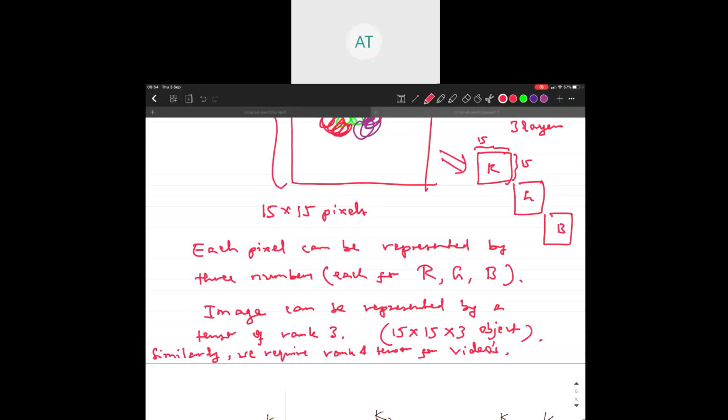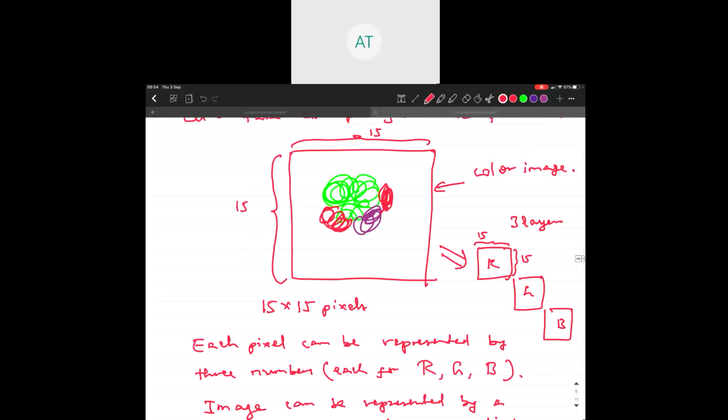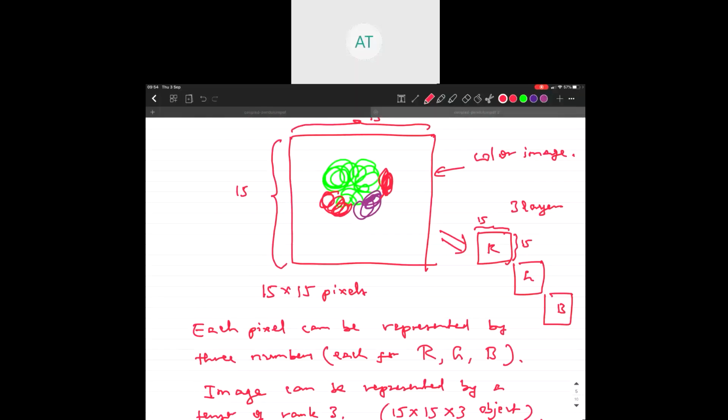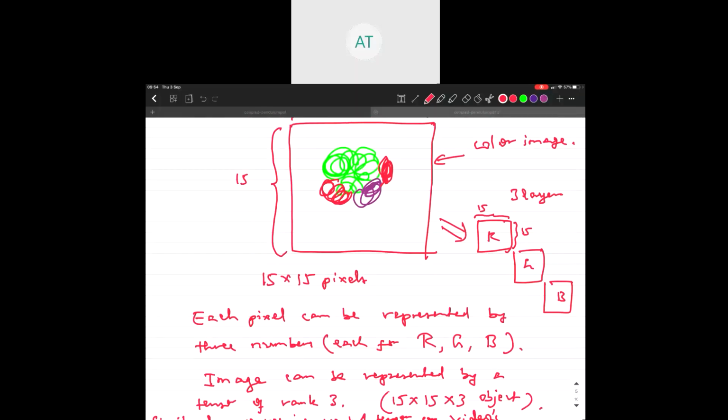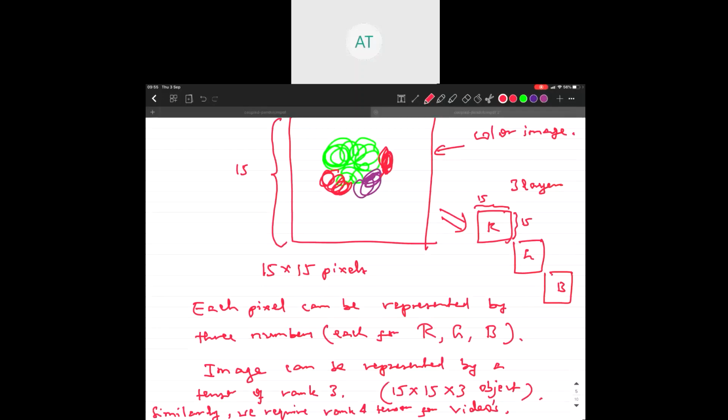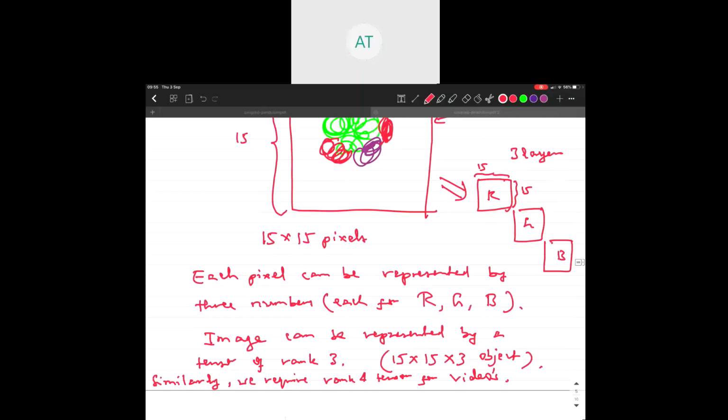The pixel along the x direction contributes 1 to the rank. The y direction contributes another 1. These 3 layers contribute another 1. So that becomes a rank 3 tensor. And now if you have a fourth index, which is the flow of time, because these colored images will change as a function of time, that would correspond to a rank 4 tensor.